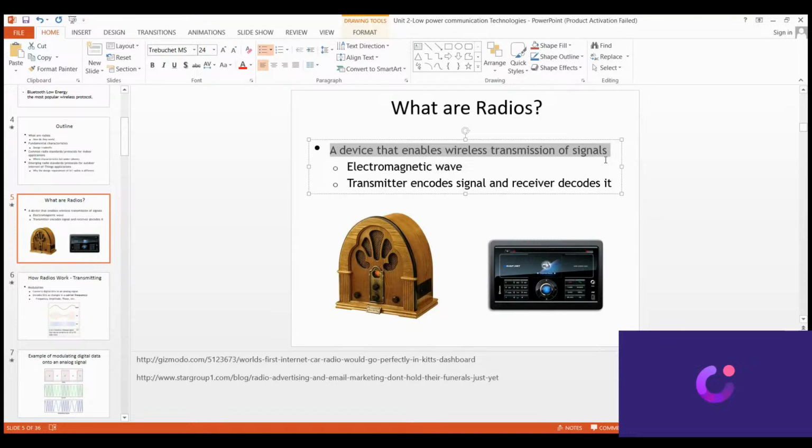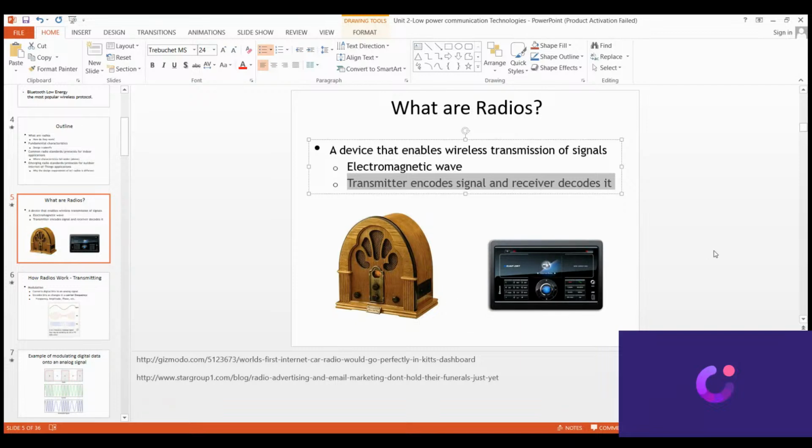Now, how does this take place? It is transmitted wirelessly through the use of electromagnetic waves, where the transmitter encodes the signal and the receiver decodes it. The data is transmitted using electromagnetic waves.